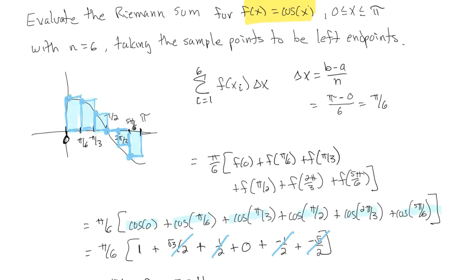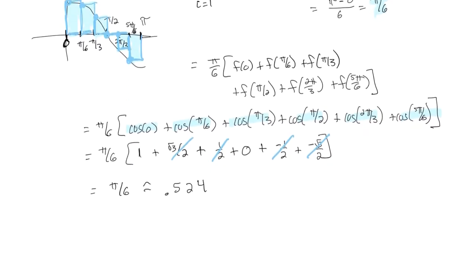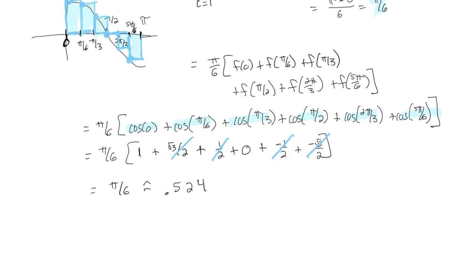You know, you might have a homework problem in a section like this where the delta x doesn't turn out to be this beautiful pi over 6. Maybe it's like pi over 5. So if it's pi over 5, then I'm plugging numbers into this cosine function that I can't look up on the unit circle. So a lot of times in a homework problem like this, they will say give a decimal approximation. So we were able to find the exact value and then convert to a decimal.